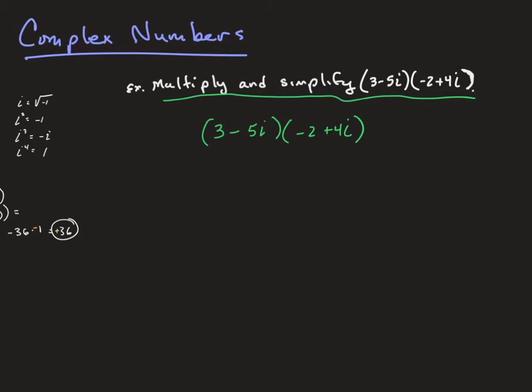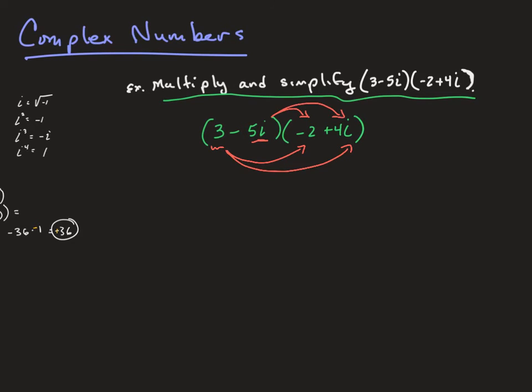Now remember, when you are multiplying binomials, whatever method you use, you may use the box method, the double distribution method, the FOIL method, whatever they call it, it's going to mean that you have to multiply this first term times both of these items, and you have to multiply the second term times all of these items.